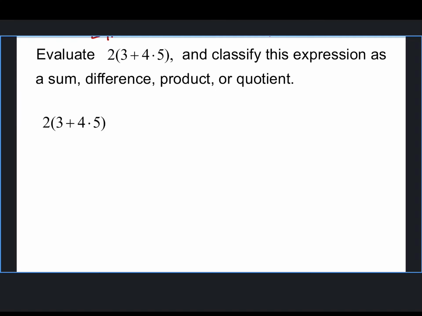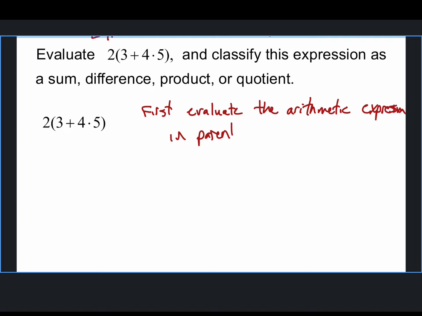Okay. So first, evaluate the arithmetic expression in parentheses using what?